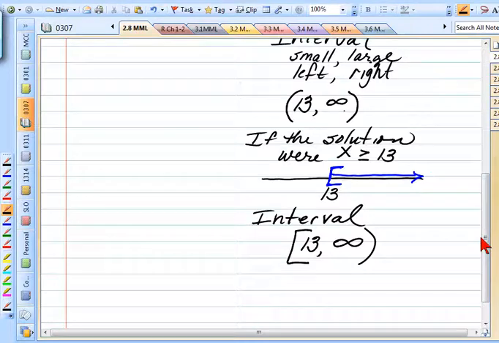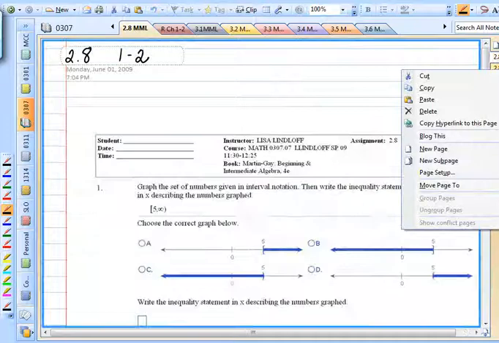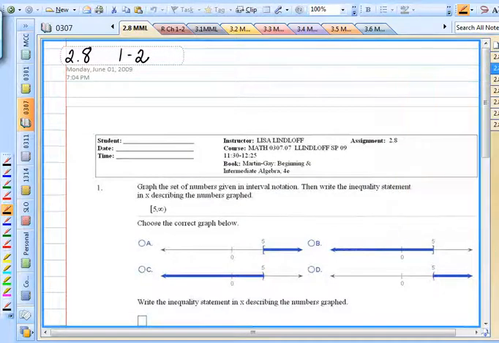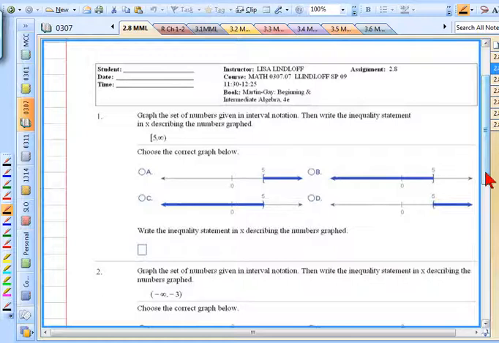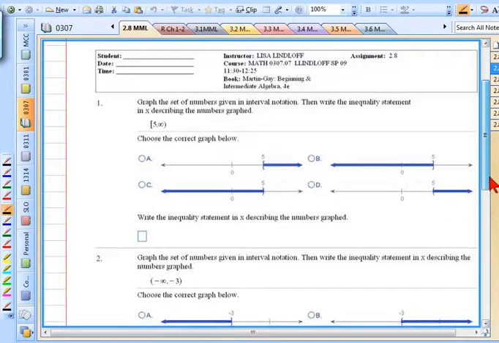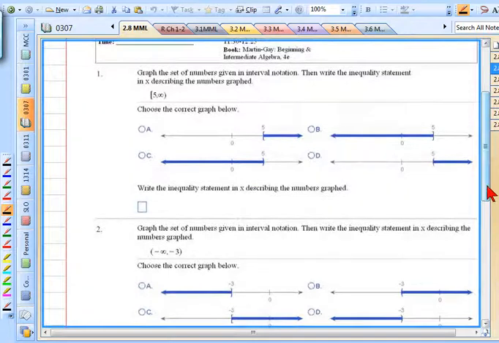All right, let's take a look at the MyMathLab. All right, the first couple of questions, what they have you do is switch between interval notation, number line graph, inequality.